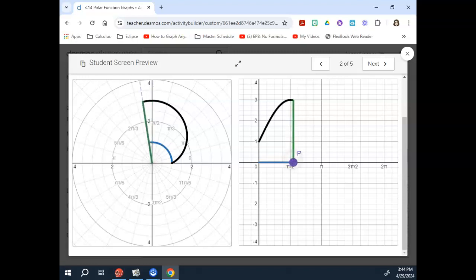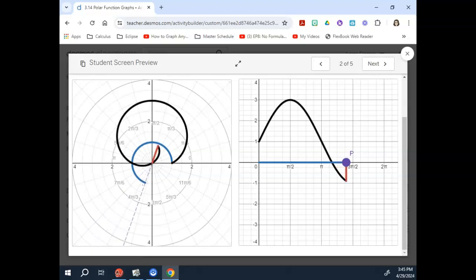Now the distance from the function to the x-axis is decreasing, just like the distance from the function to the pole on the left-hand side. Then right here, I'm at 0. Then I'm going to get farther away again, then closer again, then farther away again.